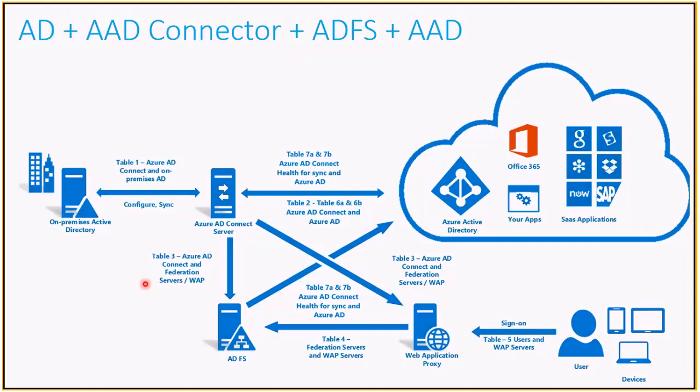If you want to sign in your on-premise Active Directory people onto your application, you can have a web application proxy which would be added to the ADFS. Or you can add this web application proxy to Active Directory, and then Azure Active Directory will have a trust between both of these. Once you have done that, when you try to access a web application, it would divert your call to the federated services, ADFS.